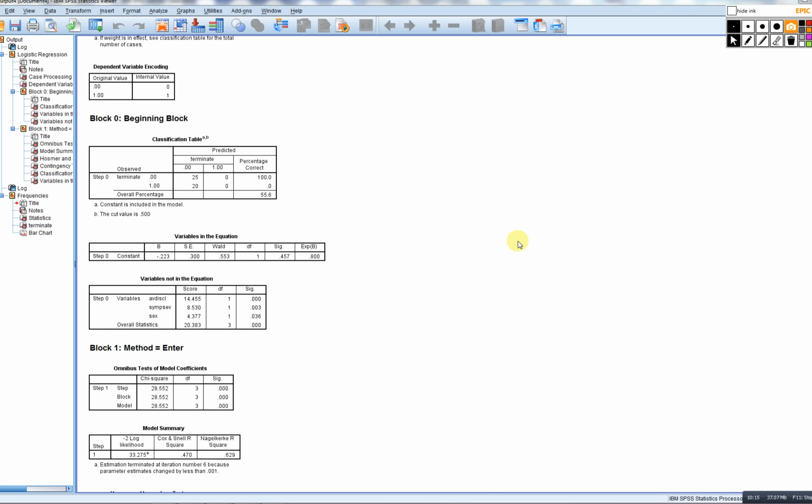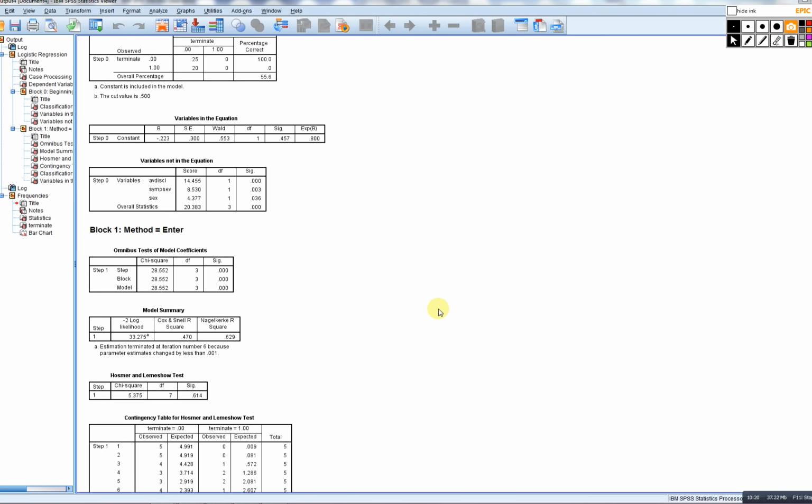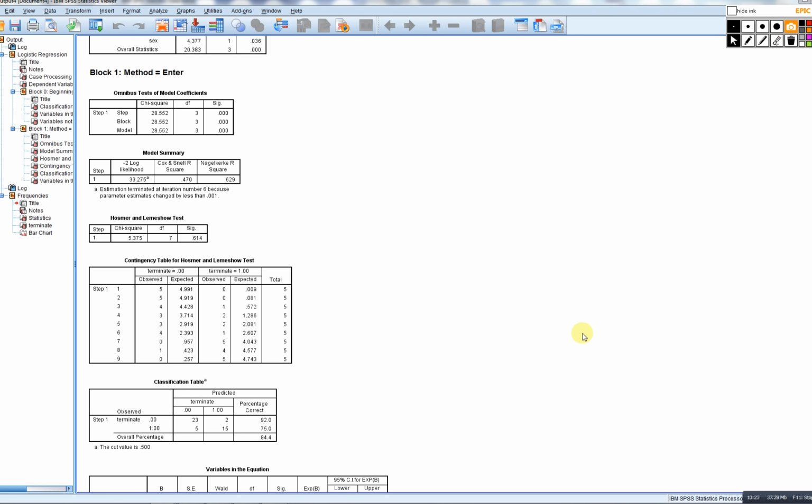So what's really important is looking at the predictor model in terms of goodness of fit, and we can look at it in an omnibus sense, so overall model fit, and then we can also go back and look at the individual predictors to see which ones are contributing to the global fit. There are various ways in which we can assess the overall fit of the model. We can compare the fit of our model, the predictor model, against the fit of a null or intercept-only model, and that's what this chi-square model test is right here.